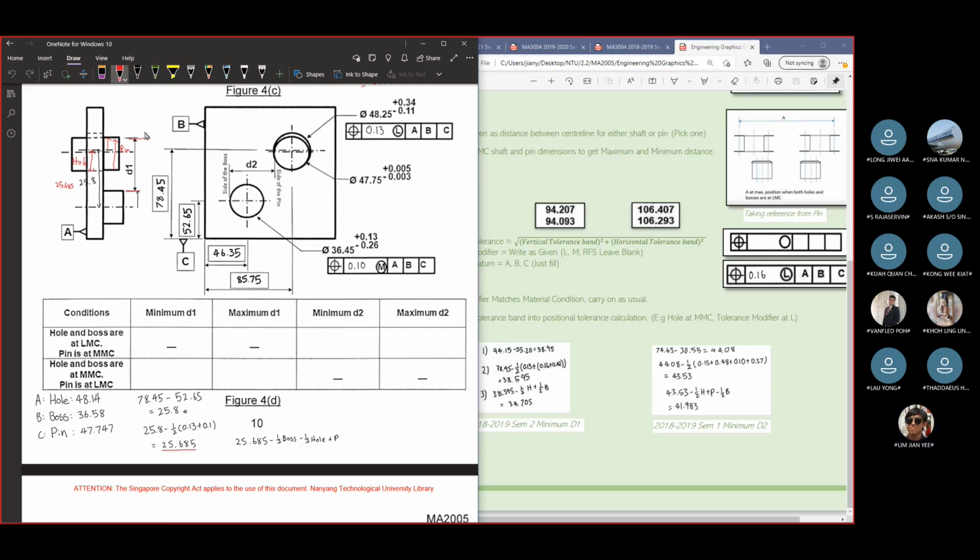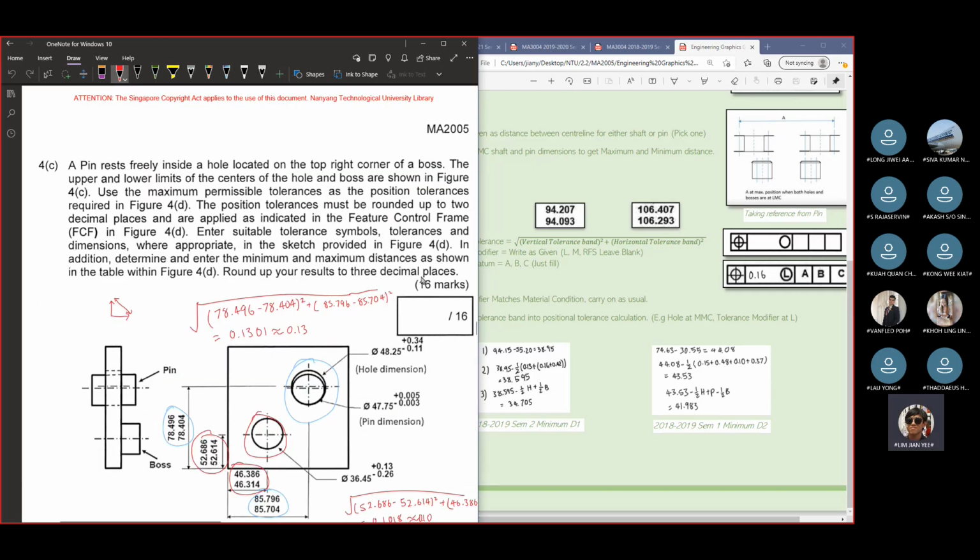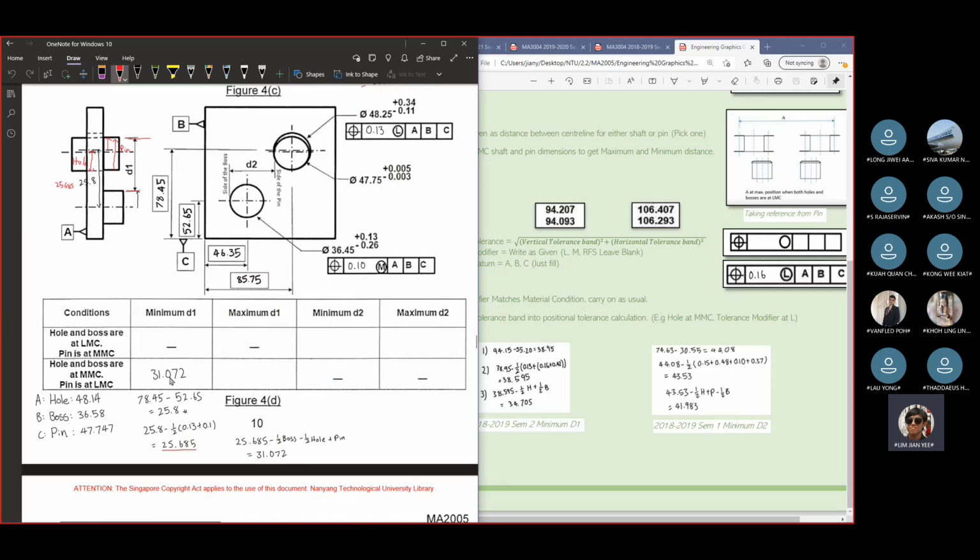In this case, 25.685 minus half of the boss, minus half of the hole, then plus pin. This is the value I got, 31.072. Round your results to 3 decimal places. Great, so that is your minimum D1.